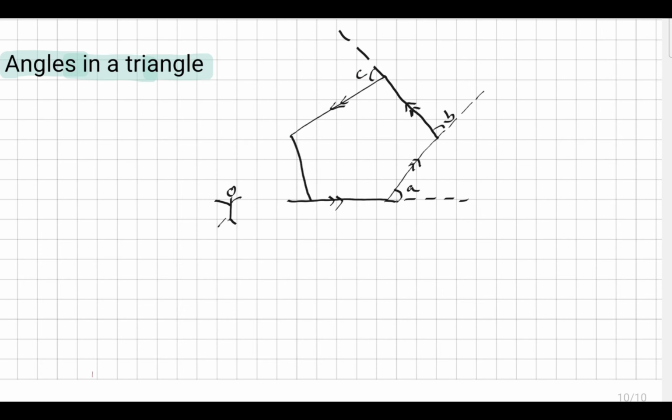After this, he makes yet another turn. Let's call this angle D before making his final turn where he joins his initial path. And let's call this angle E.